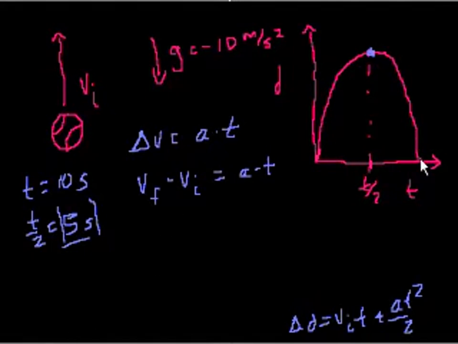Remember, we're not going to go all the way to the ground. We're just figuring out from the start to time t over 2. So what's the final velocity? Well, that's the point where the ball is not going up and not going down. So its final velocity is 0. So 0 minus initial velocity is equal to the acceleration, which is the acceleration of gravity, minus 10 meters per second squared.